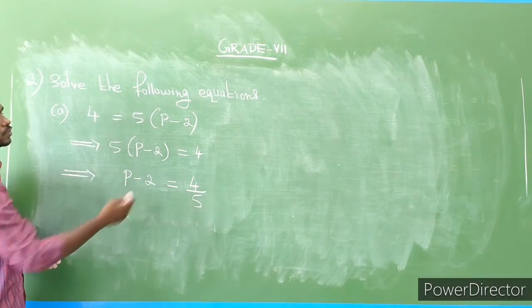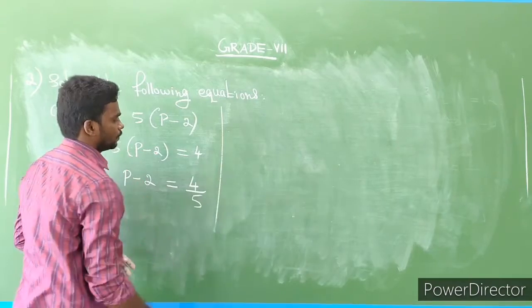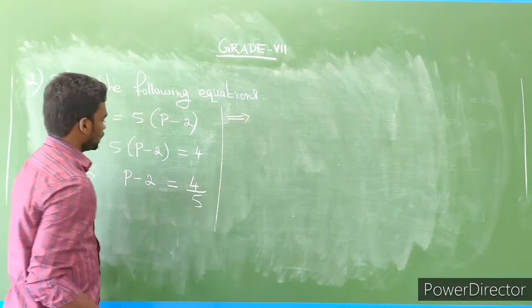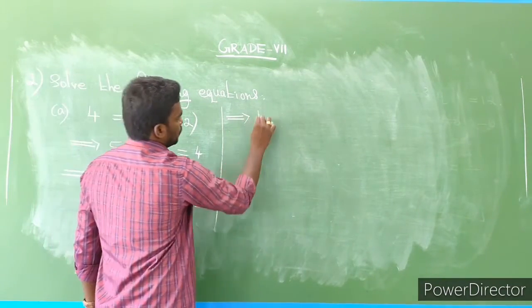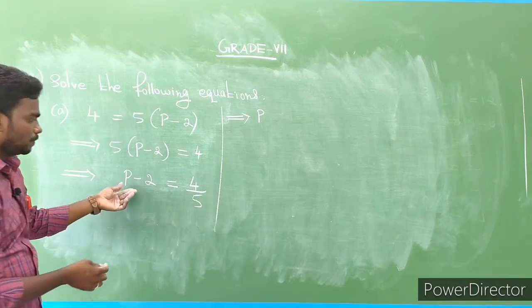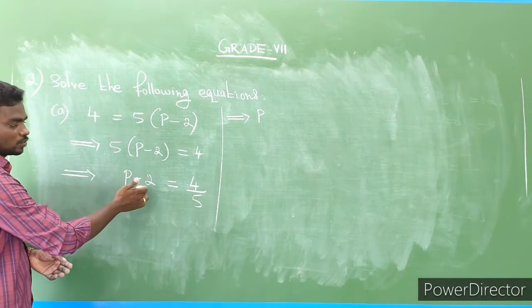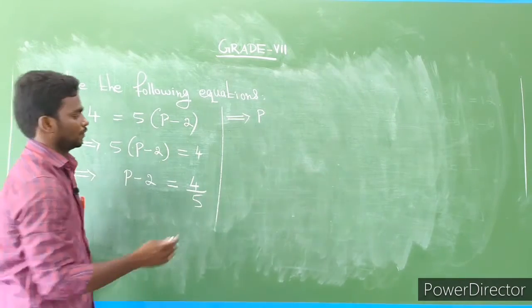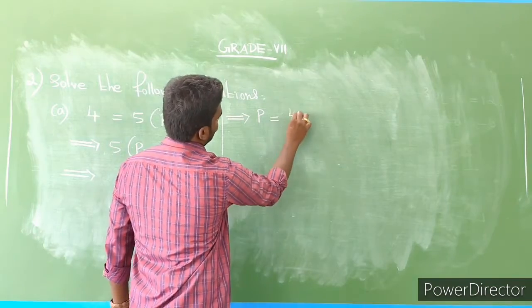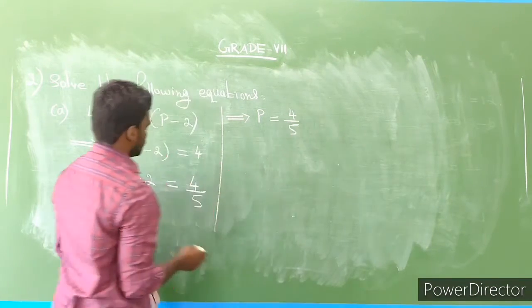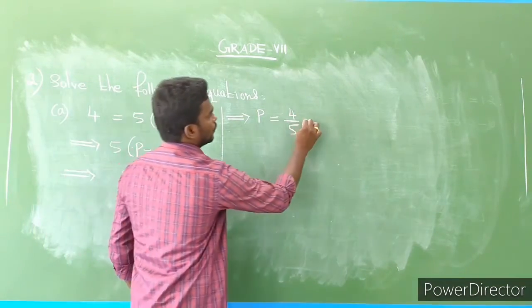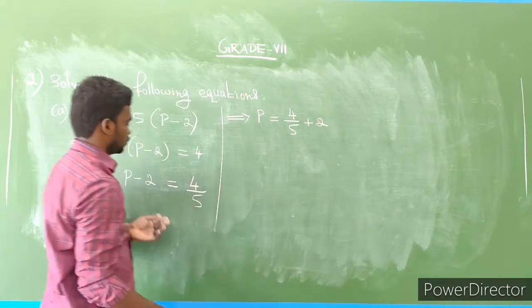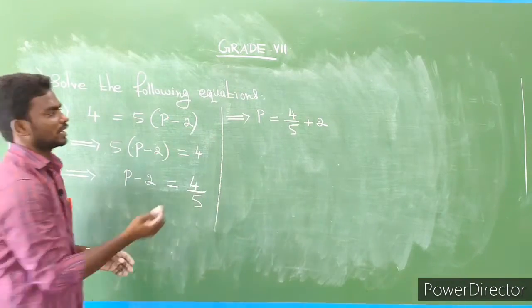So p minus 2 is equal to 4 by 5. Implies that next, we keep the value p on the left side. So this minus 2 is transposing to plus 2. Minus 2 is transposing to plus 2 on the right side.